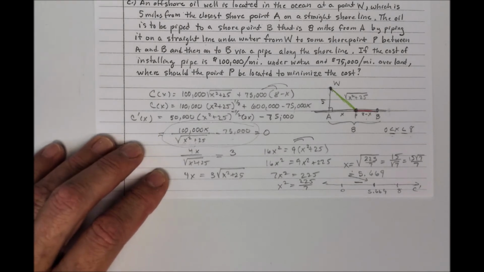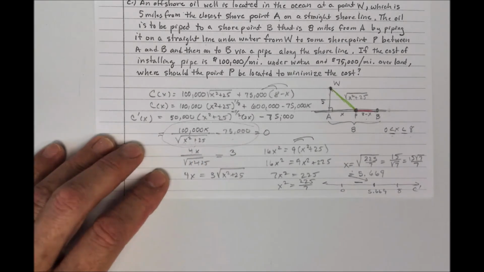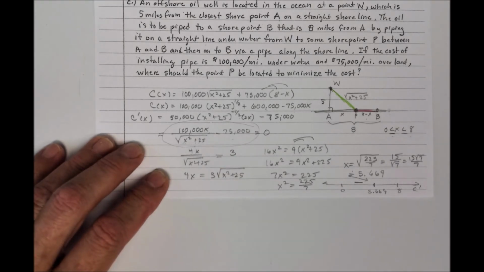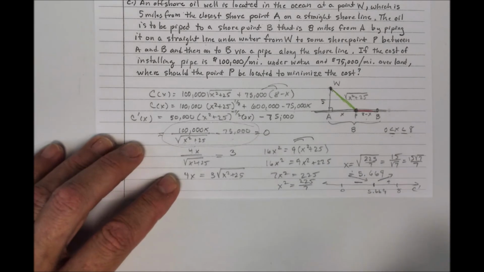I had 700,000 divided by the square root of 74, and then I'm going to subtract 75,000 from that. Oh, let's see here. It's positive. So it's going to give me a minimum.